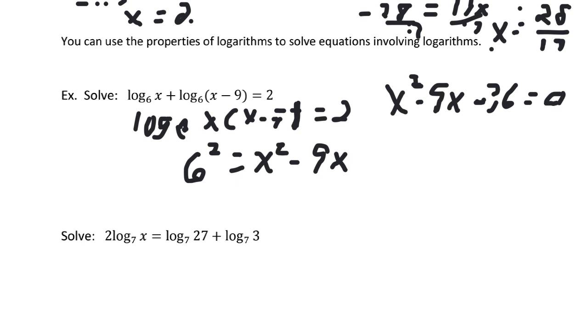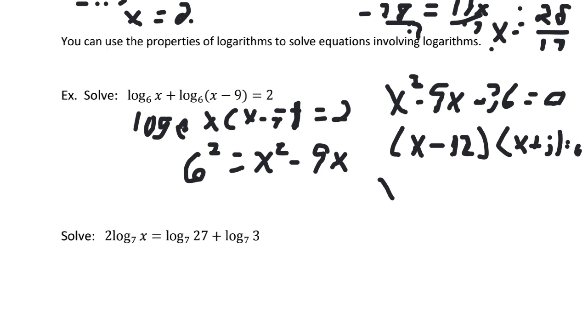That would be negative 12 and positive 3. So x minus 12, x plus 3 equals 0. So x equals 12 and x equals negative 3.